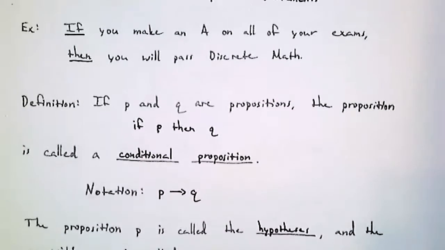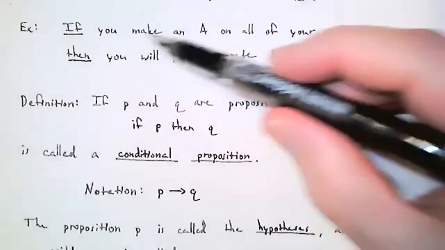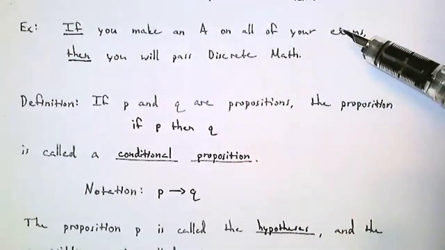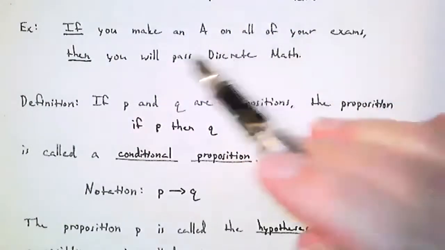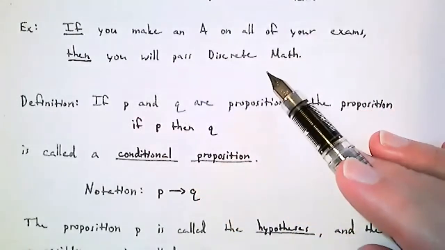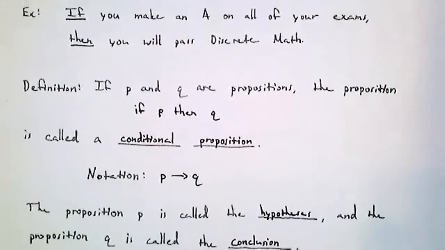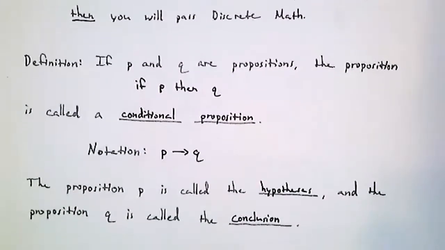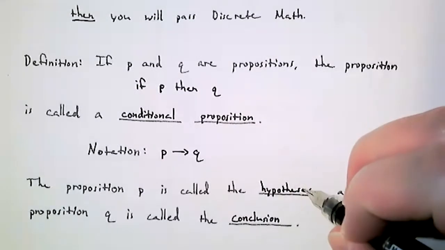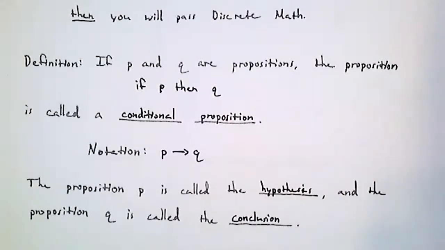So returning to the example, you would call, you make an A on all of your exams, the hypothesis, and you will pass discrete math, the conclusion. So that kind of matches up with how we think of hypotheses and conclusions.